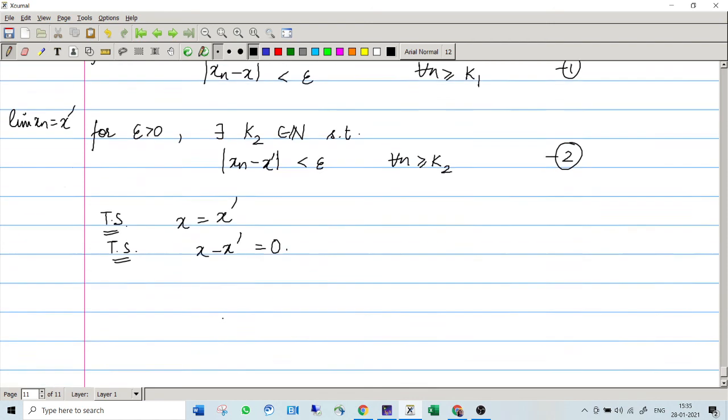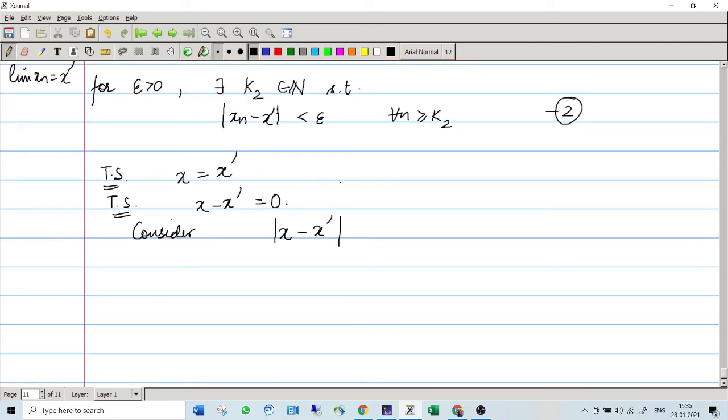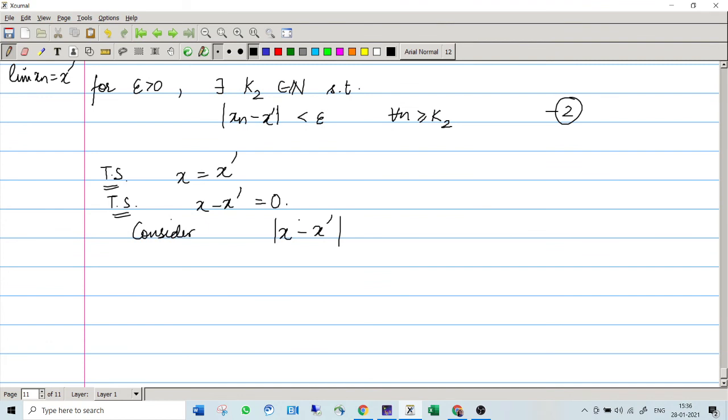So let us consider, जो भी आपको चीज शो करनी है उसको पिक करो और उसके साथ सॉल्व करना शुरू करो। So let us consider x minus x dash का mod, क्योंकि सारा काम we have been doing in mod. And how can we relate with xn's is your question right now. So xn's are there in picture.